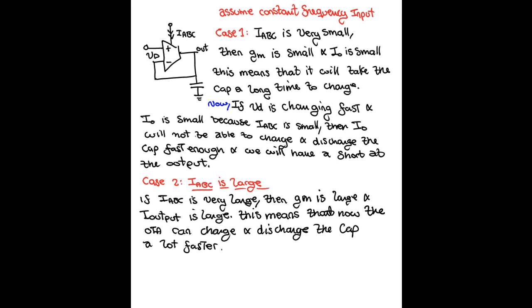Now, what that means for us is that even if Vin is changing fast, I output is large, because as we said before, IABC is large and those two are proportional.